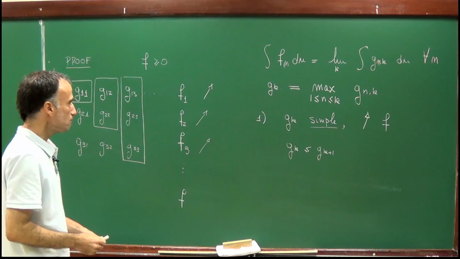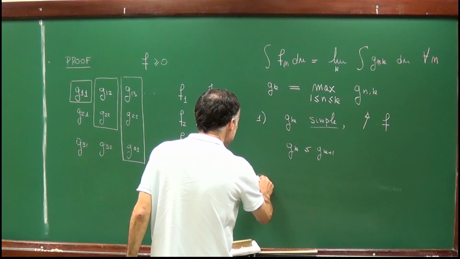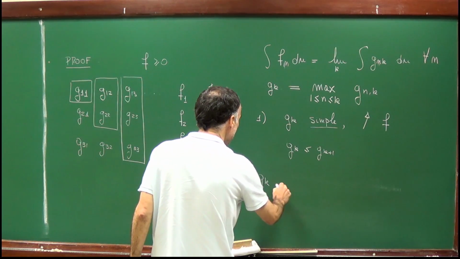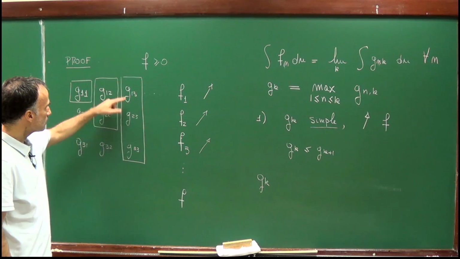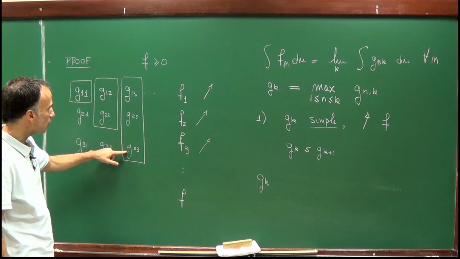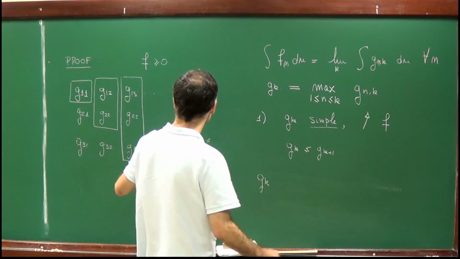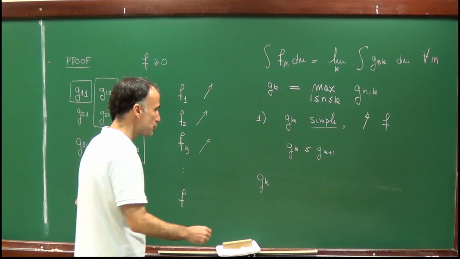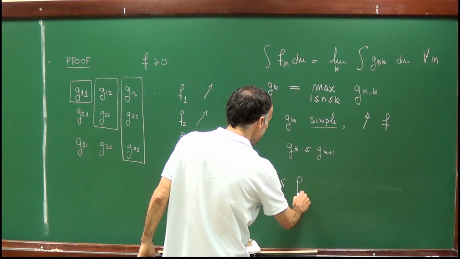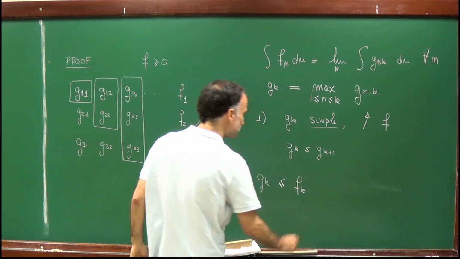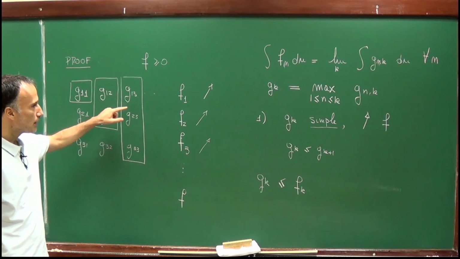Well, what I claim is that if you consider the function g_k, g_k is the maximum over the first k columns. What I want first to claim is that g_k is less than or equal to f_k.